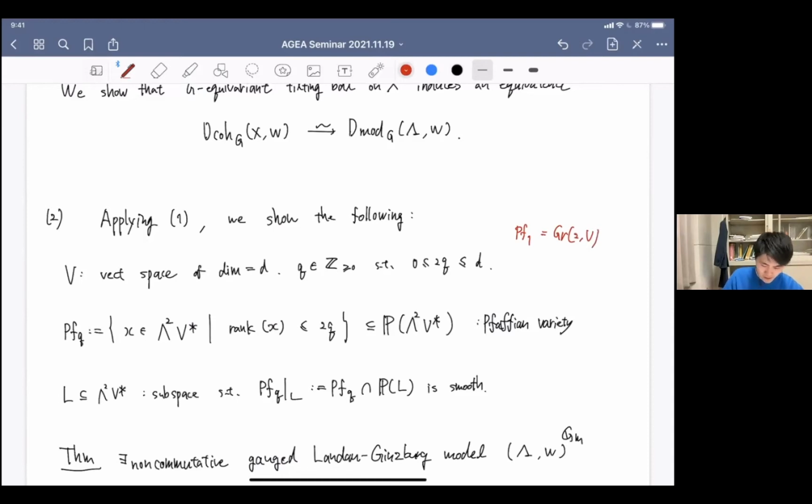So this is a smooth variety, and also PF is a whole space. So this is also a smooth variety, but usually a Pfaffian variety is highly singular.